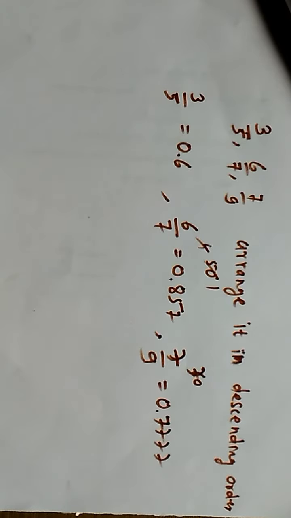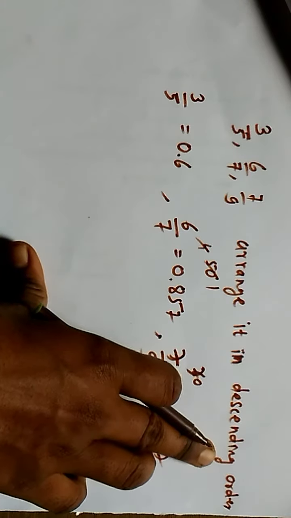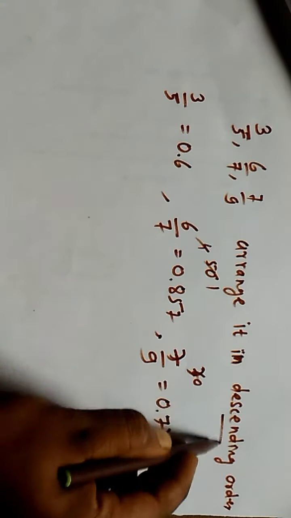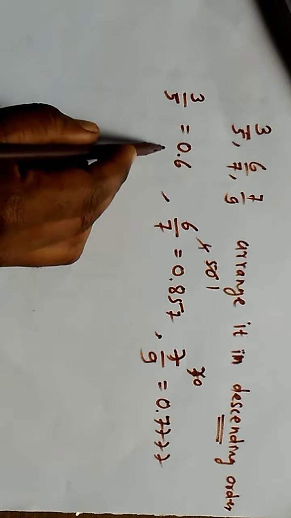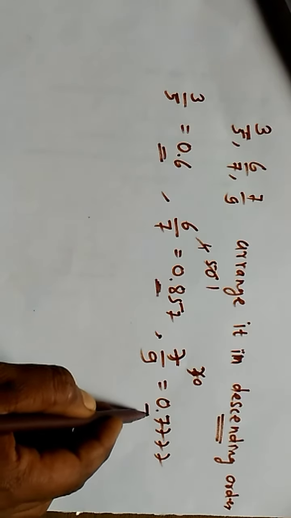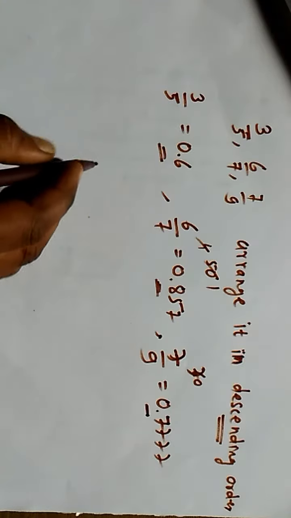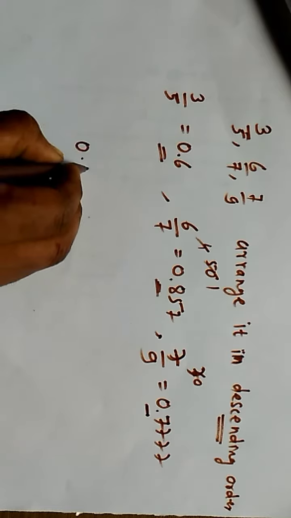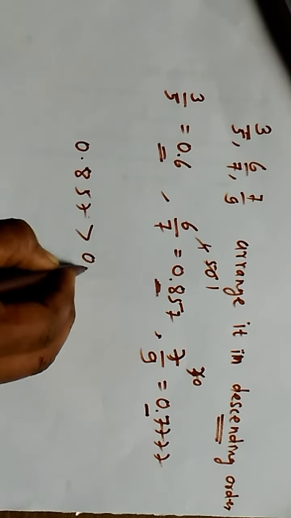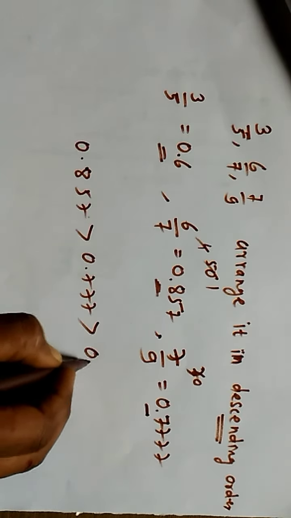Okay, so the question is, arrange them in descending order. So we have 0.6, 0.857, and 0.777. For descending order, 0.857 is first, next 0.777, and next 0.6.